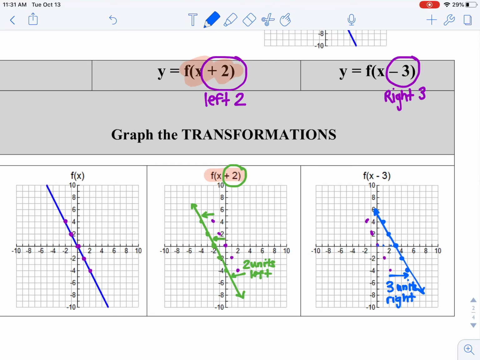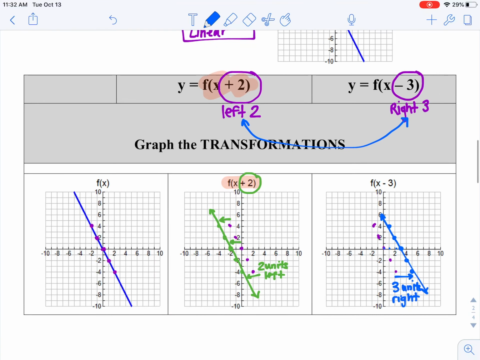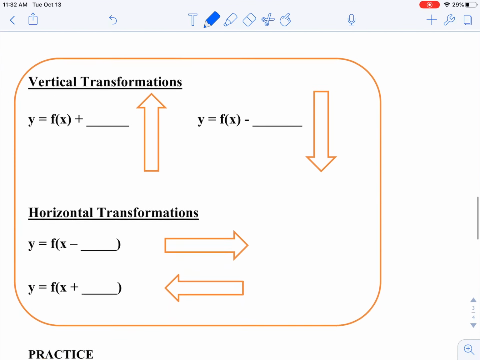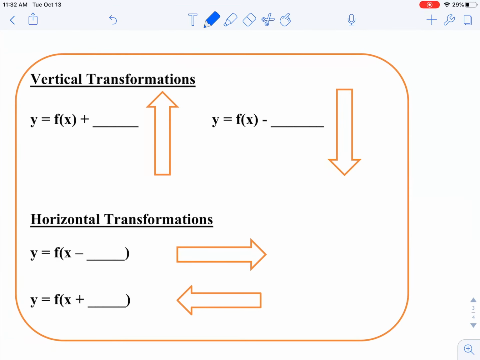Okay, so it's really important to look what is in the parentheses because it is a little tricky. It's like the opposite of what you really want to think, right? The left versus the right. So this orange box here is a great box to fill in.